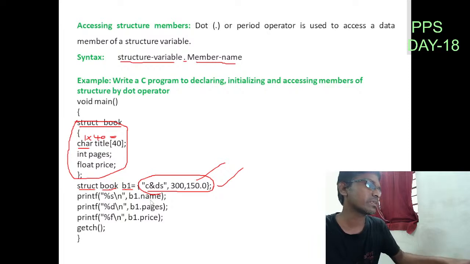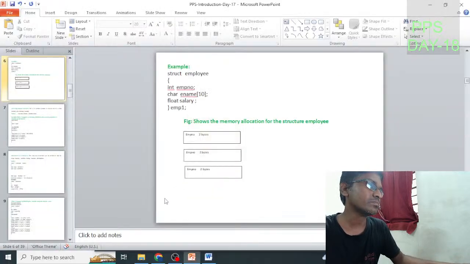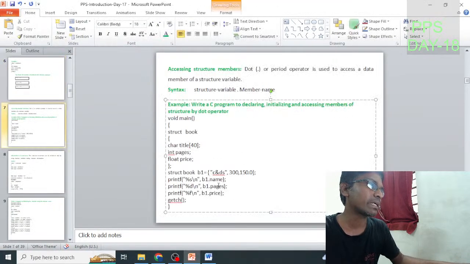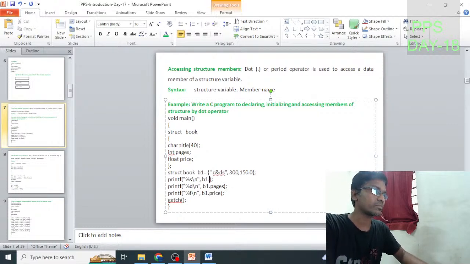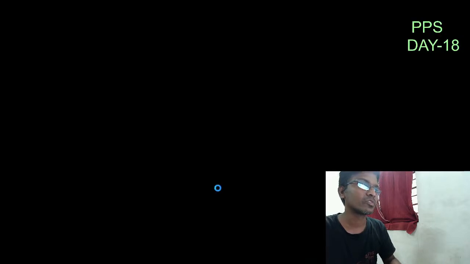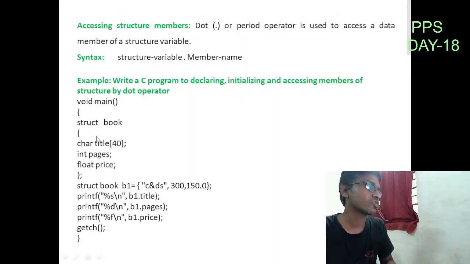In this example, I am taking the title, so you write b1 dot title. This is how we access the structure members title, pages and price: with the help of the structure variable followed by the dot operator and followed by the members of the structure.